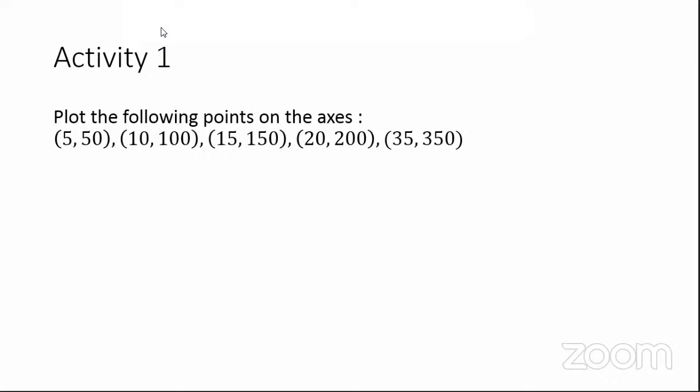So we might not need to say 1, 2, 3, 4, then up to 350. We are going to choose a scale that we can use. So you can think about the scale that we can use.